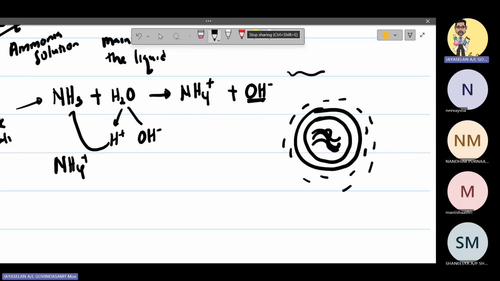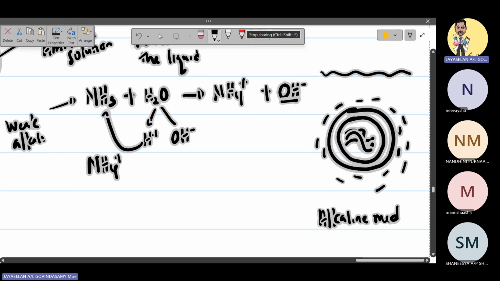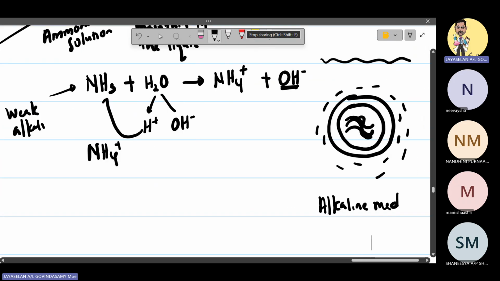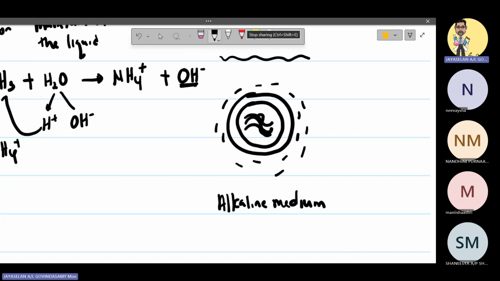They also provide alkaline medium and kill the microorganism. Microorganism cannot survive in alkaline medium. Dia akan menghasilkan medium alkali, memberikan medium alkali dan membunuh microorganism.